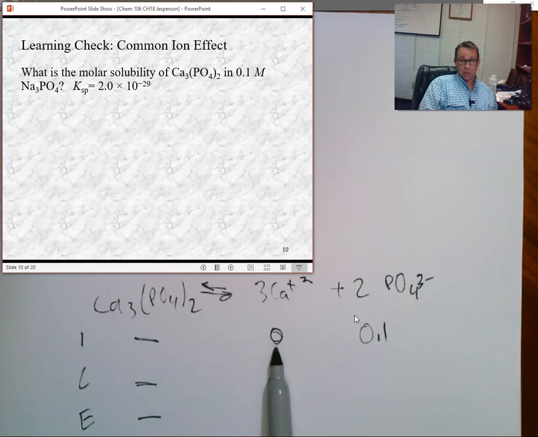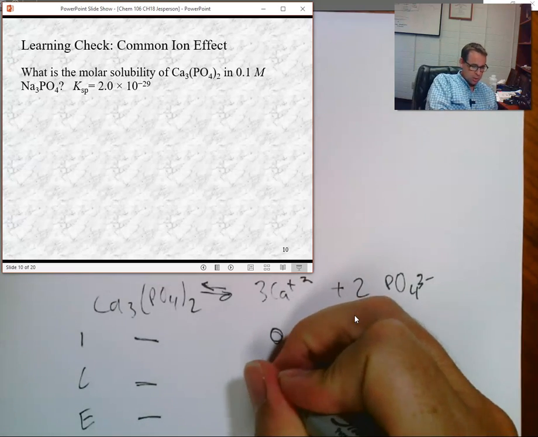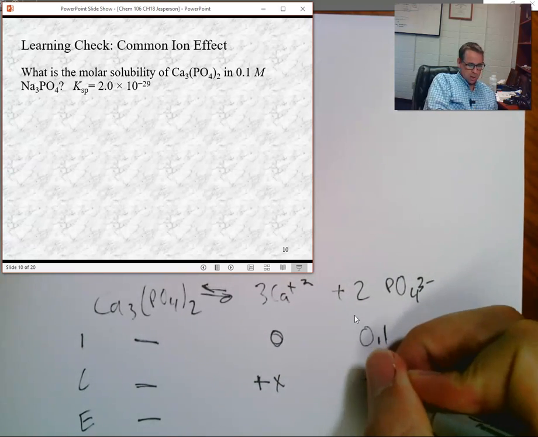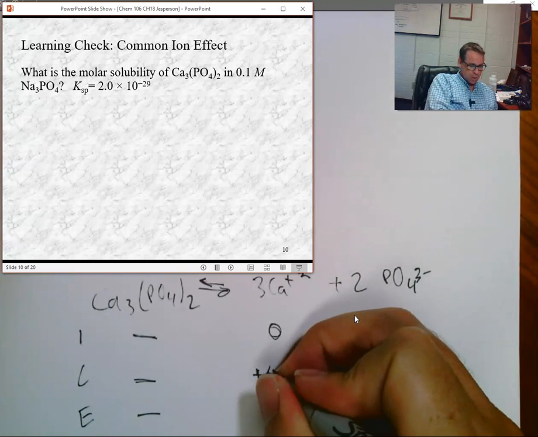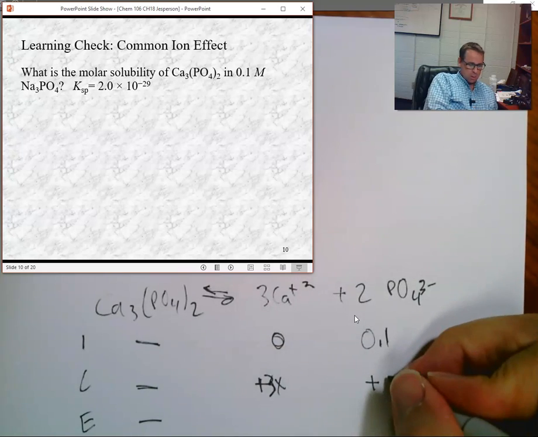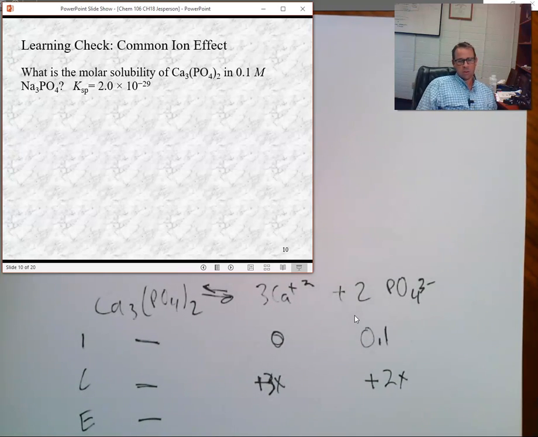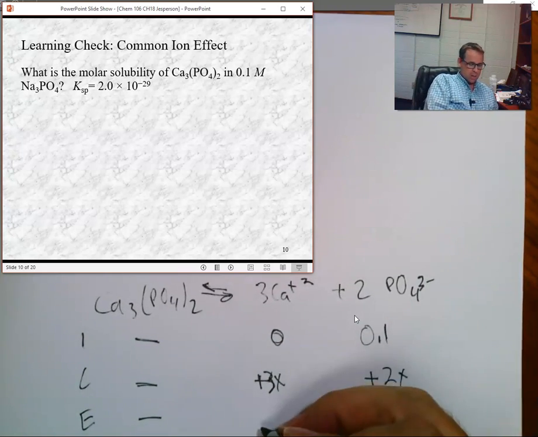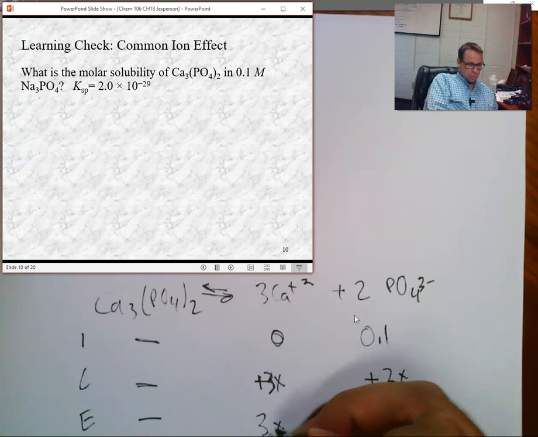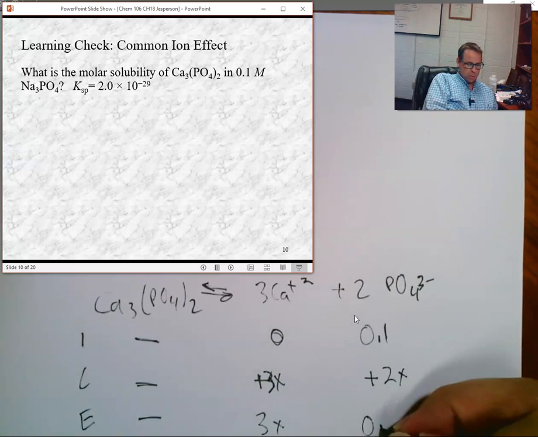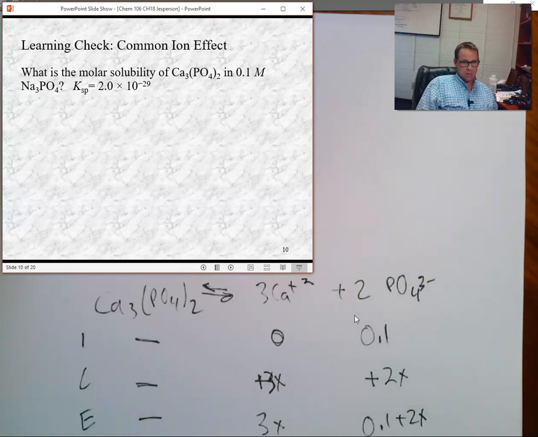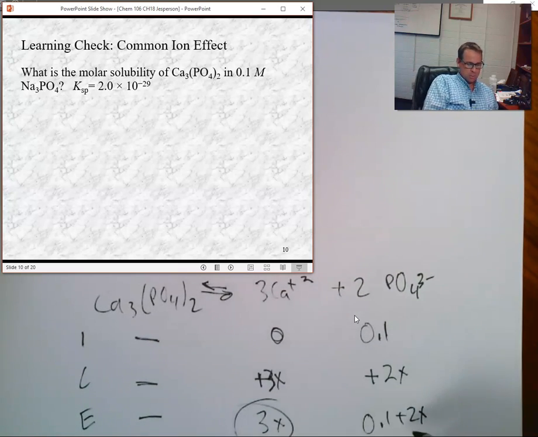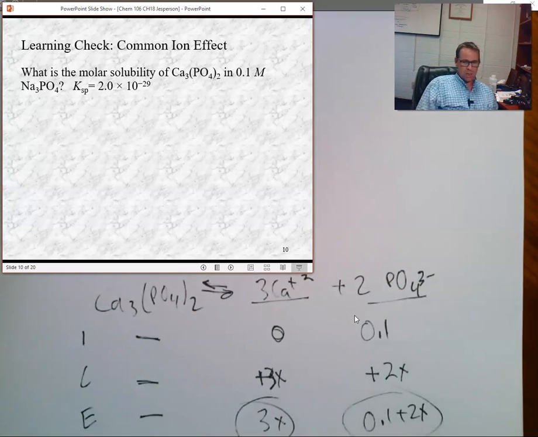But if the calcium is still 0, then we're still going to need to shift to the right. So we still know that this is a positive 3x, because of the 3 there, and a positive 2x there. So now this concentration is 3x plus the 0, and this is 0.1 plus the 2x. These are my equilibrium concentrations for those ions.